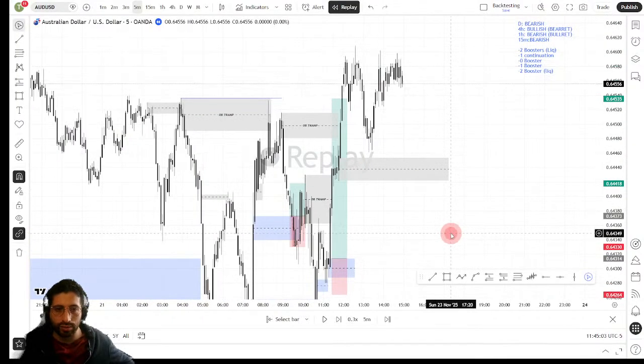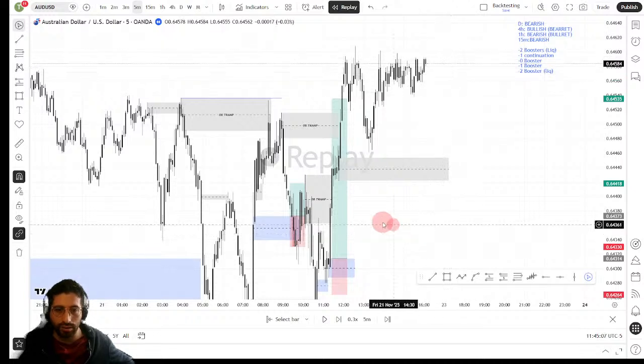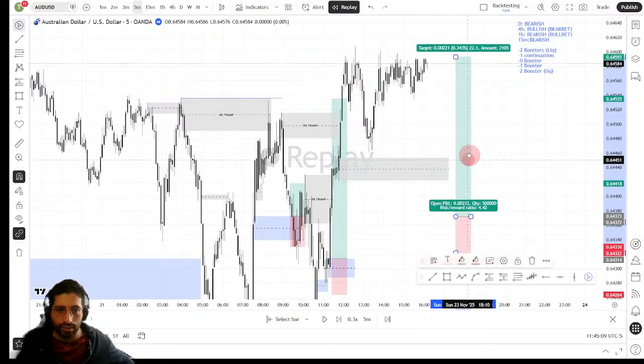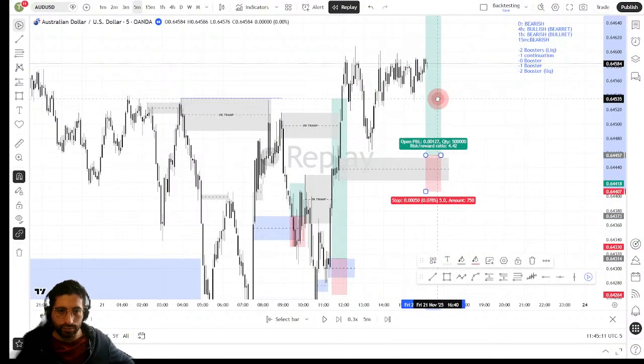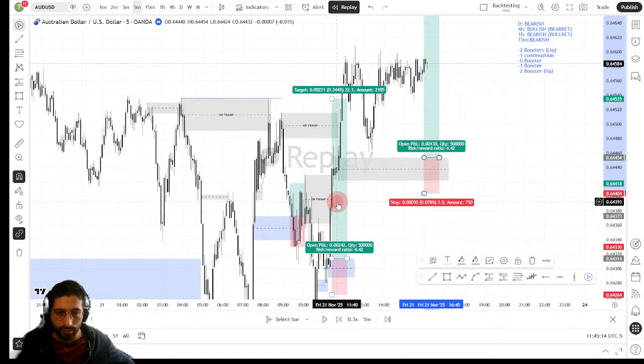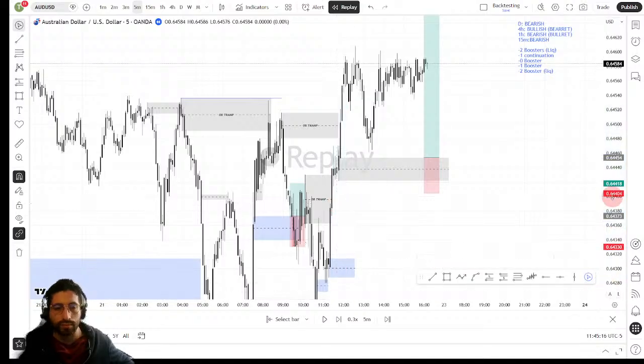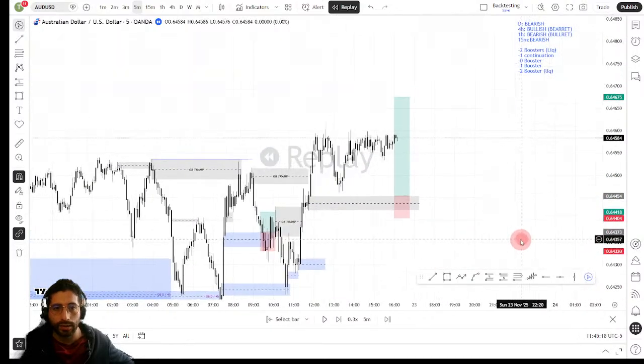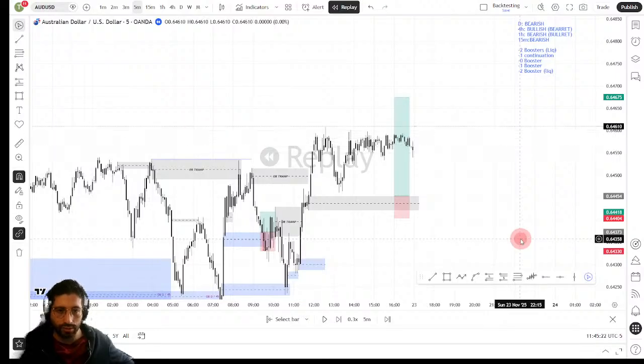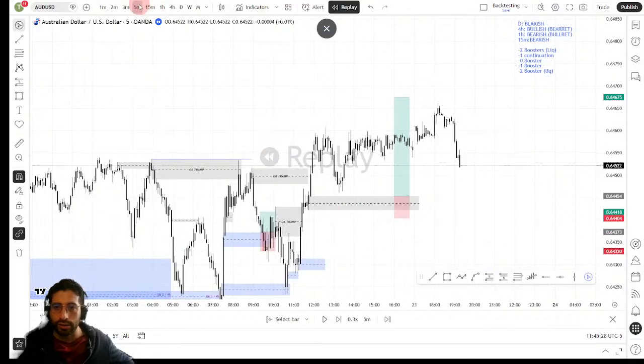All right, too much liquidity prior to the entry point. Seems we're out. Liquidity prior to the entry point. All right, and we're out.